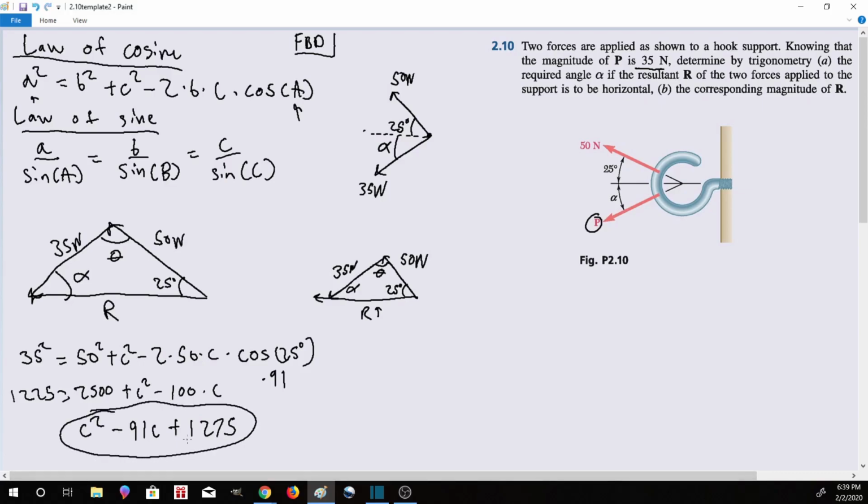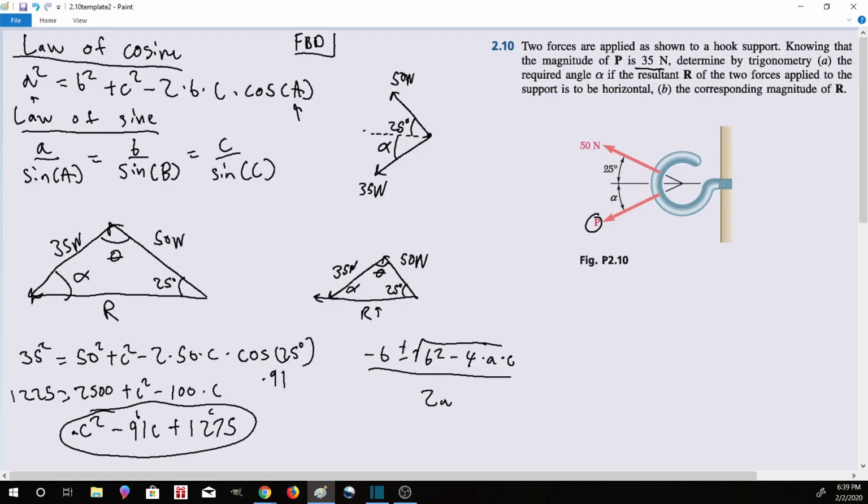And to solve quadratic equations, we use our quadratic formula, which is minus b plus or minus square root of b squared minus 4 times a times c all over 2a, where a is 1, b is negative 91, and c is 1,275.